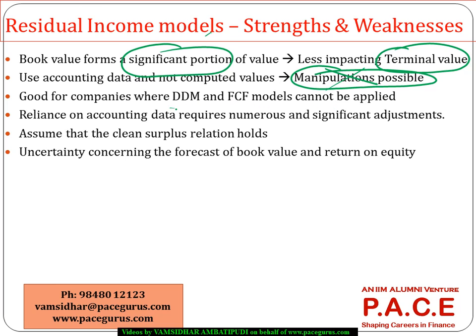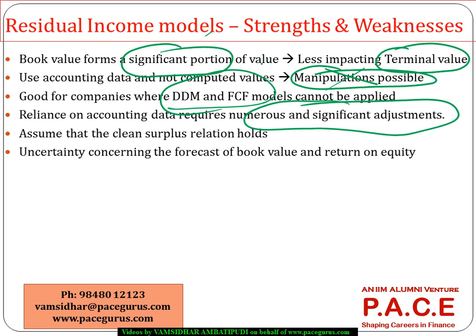Especially where I cannot apply the dividend discounting models and free cash flow models, especially when a company is not declaring a dividend or when the free cash flows are negative, it's better to go with residual income models. But I have to take ample care in making all the necessary adjustments to compute either EBIT or net income.